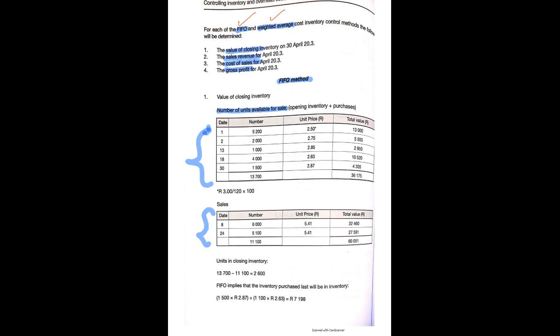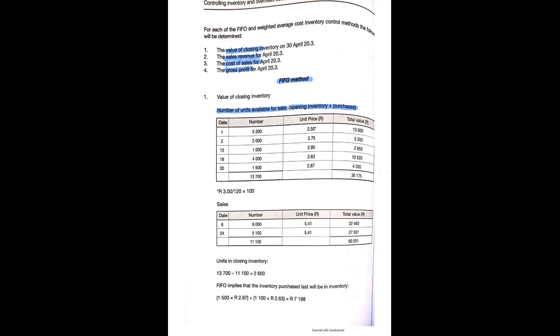Okay, so here the first table is telling us the number of units available for sale. That's calculated by taking your opening inventory, plus any purchases that were made. So this table is going to show you everything that we have available and that we purchased that is available to be sold to the final customer.